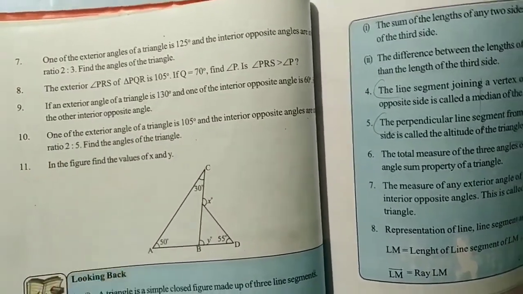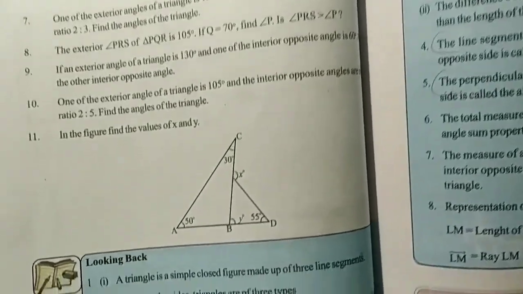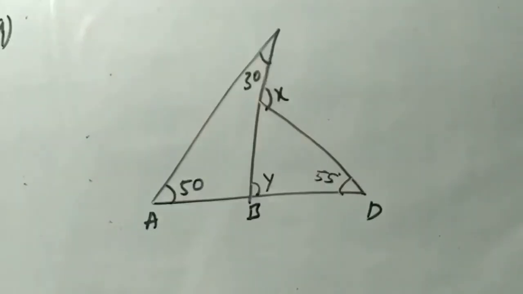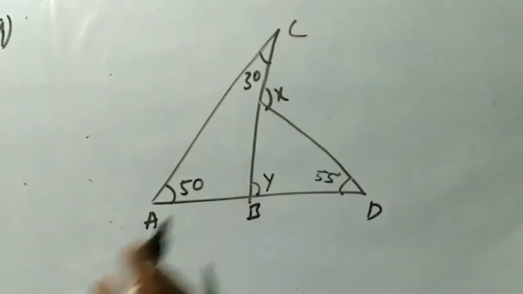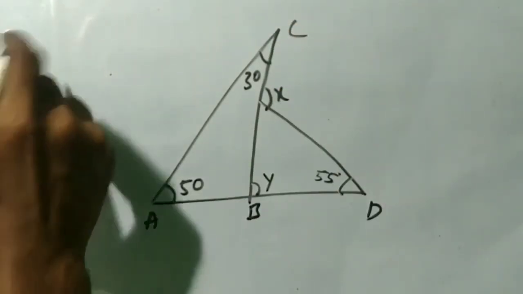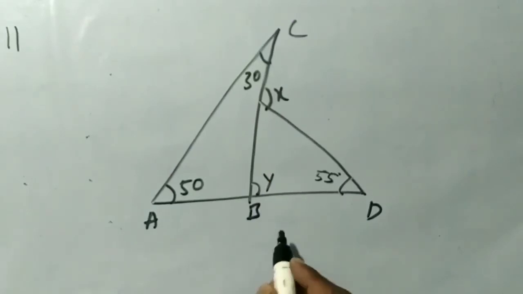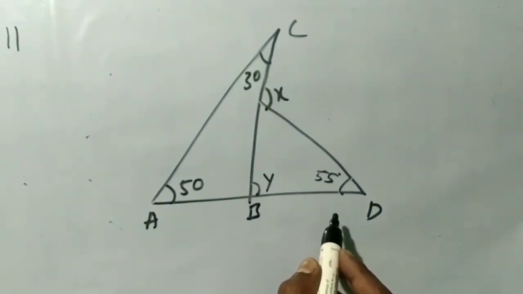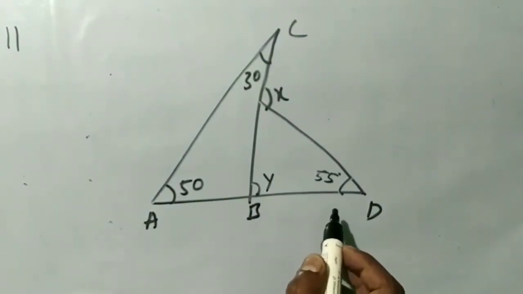Go to the 11th one. That is the end of the chapter. Here we have to find x, and 55 is given.